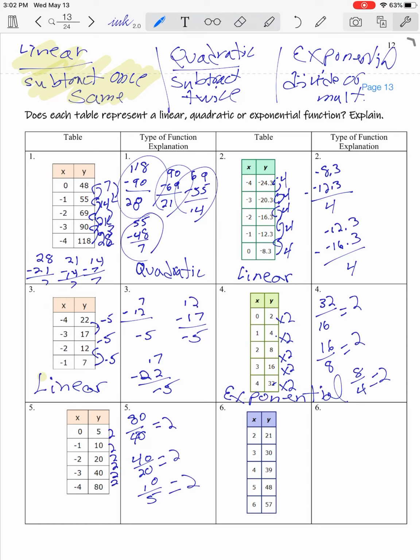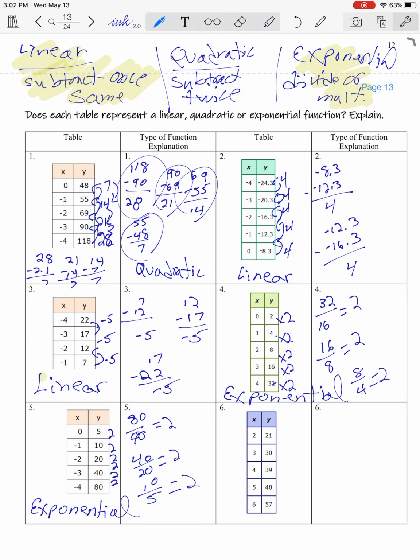So here, we're going to multiply by 2. When I multiply, here it is, right here. When I multiply or divide, I know it's exponential. And you could keep those notes with you the whole time. Okay, you can refer back, you could look at everything.